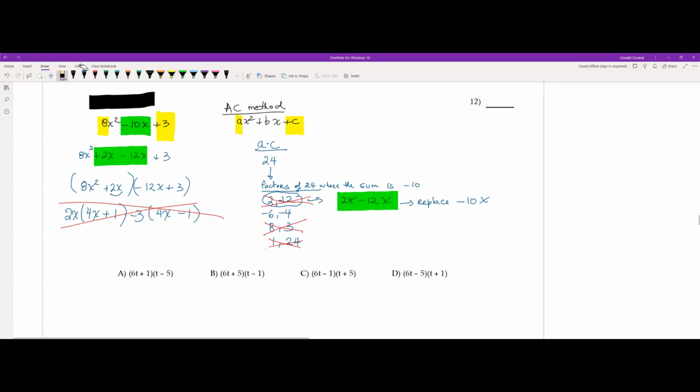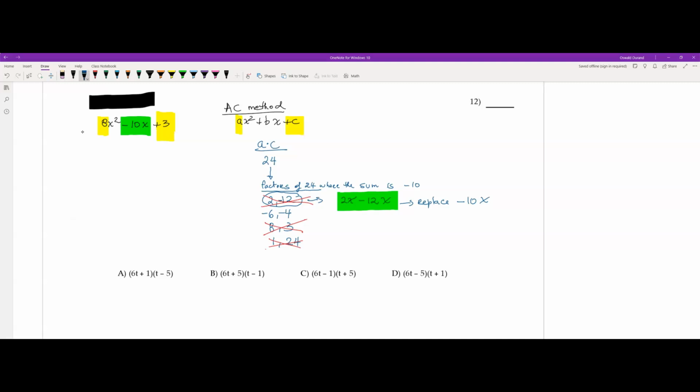So let me erase the stuff there. All right. Now we're going to try with negative 6 and negative 4.